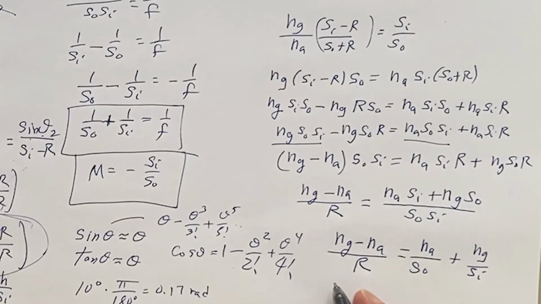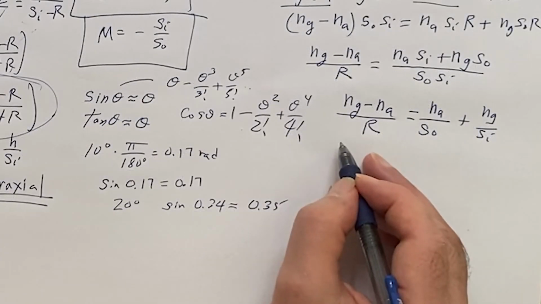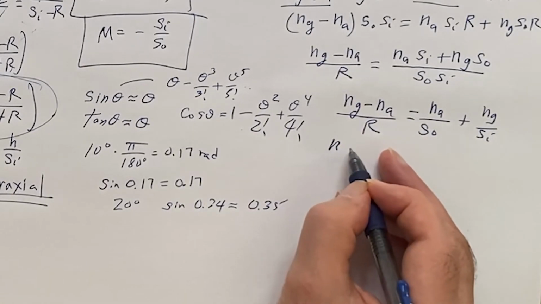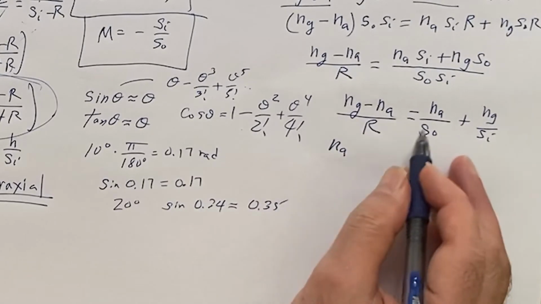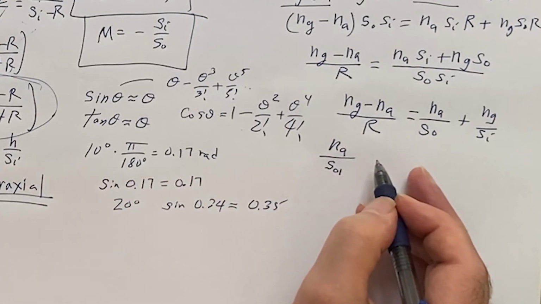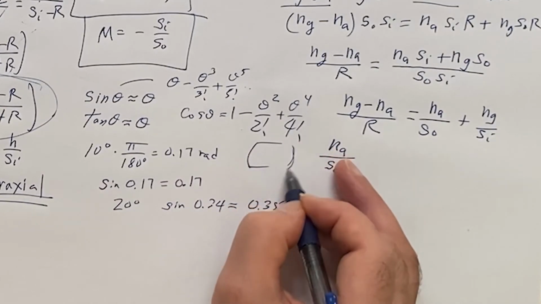So this result right here, to emphasize that this is dealing with the first surface, what we're going to do is write here Na, the air, and I'm just going to put down So1 because this is the first surface, when we had the glass, the first surface, and we're going to apply this to another surface over here in a second.